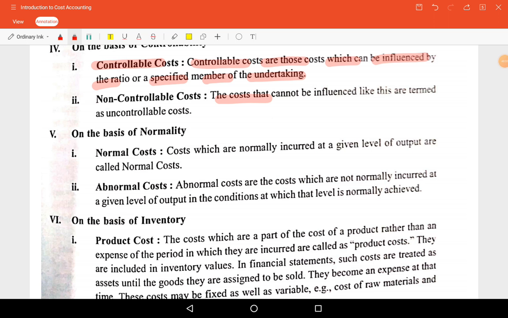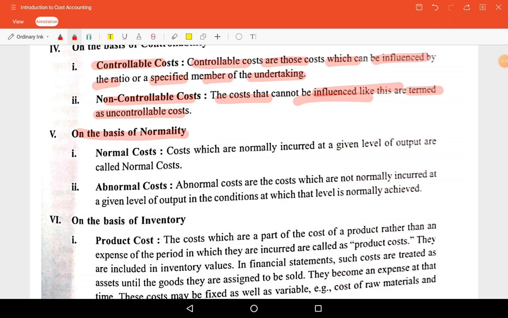Non-controllable or uncontrollable, both are one and the same. The cost that cannot be influenced is called uncontrollable cost.